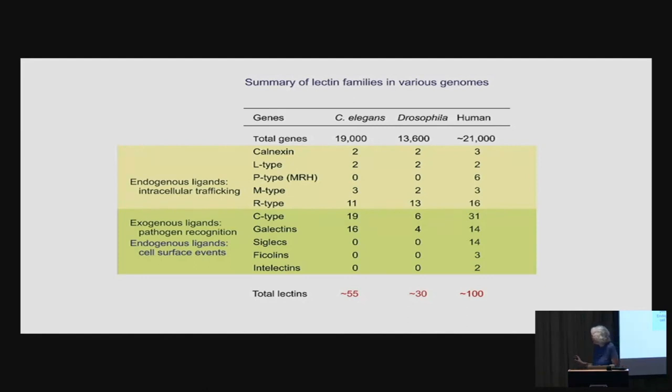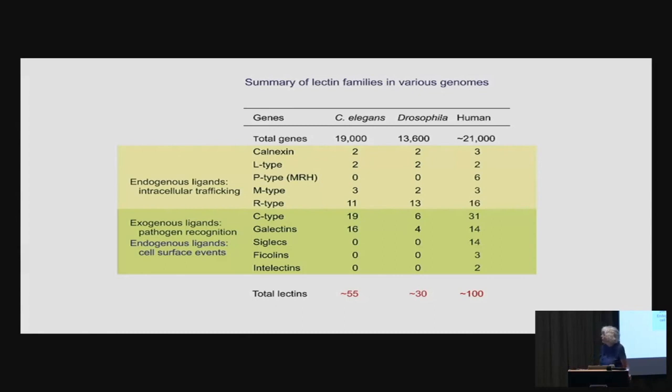in various genomes. So C. elegans, Drosophila, humans, and what you see is that the calnexin, calreticulin, the M-type and the L-type lectins, those that are involved in quality control in the secretory pathway, are conserved.